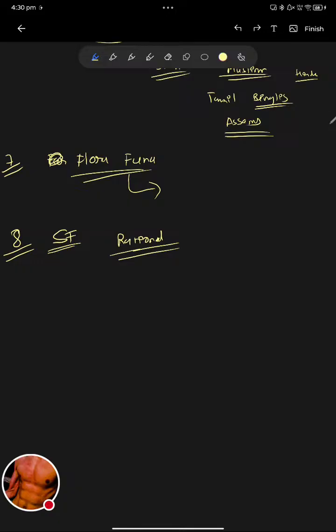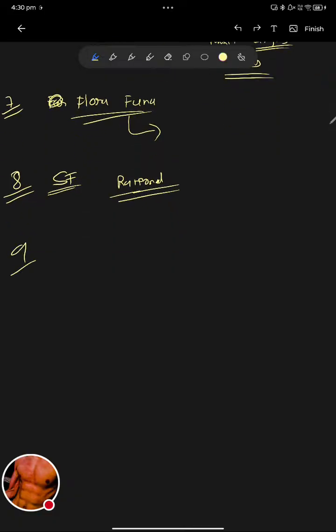Then ninth is public property, like don't break public property and all that. Then tenth is individual and collective performance of duty, and national consistency and rising to a higher level.